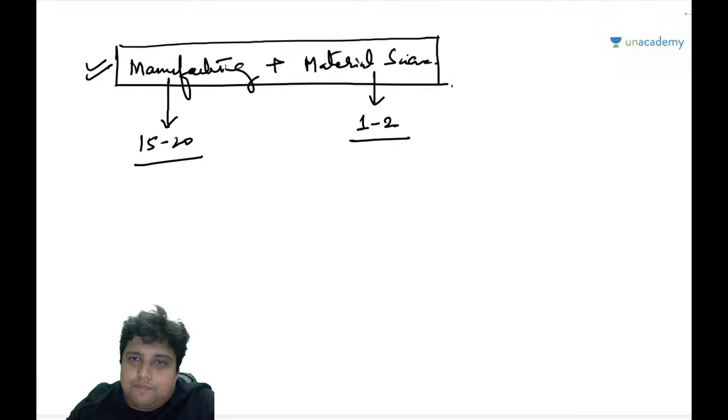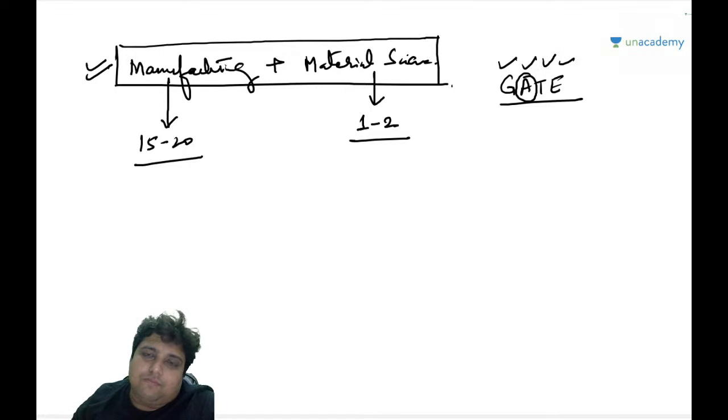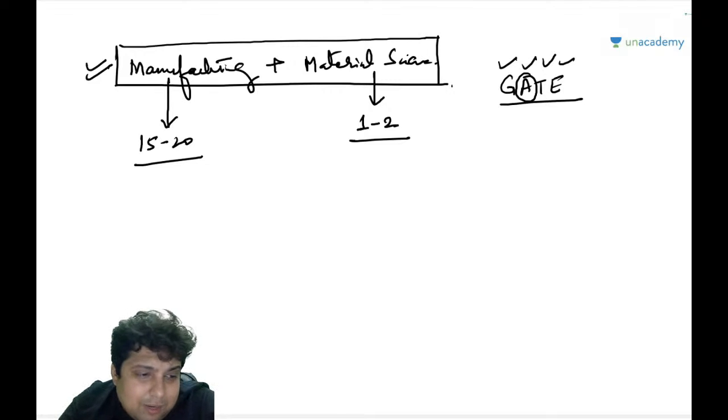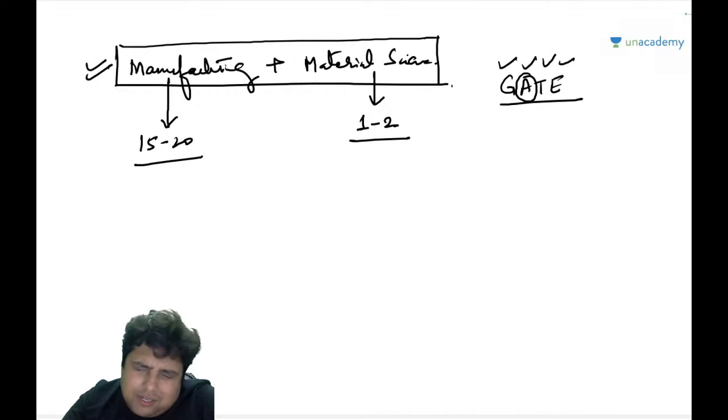And remember, GATE is a Graduate Aptitude Test in Engineering. GATE is an aptitude test. Sir, please cover material science, CIM, casting and forming first, sir. Okay, listen to me, Ashwin. Sachin, keep on listening.